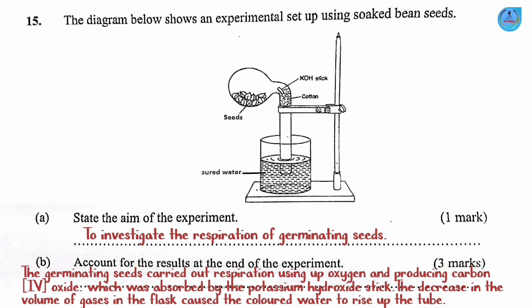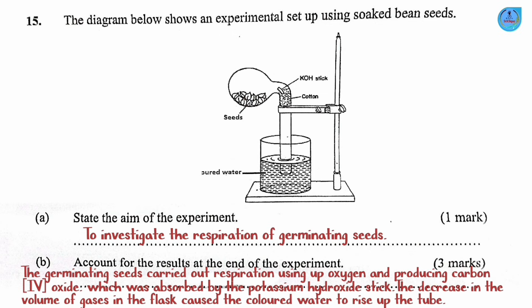Now, respiration uses up oxygen and releases carbon dioxide. So the oxygen within the flask will be used up during aerobic respiration and carbon dioxide will be produced. However, we have a potassium hydroxide stick in the flask. So what will happen is that this will absorb any carbon dioxide produced by the seeds.